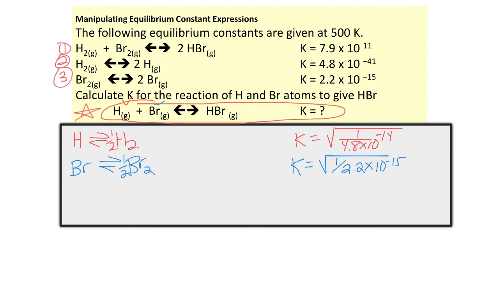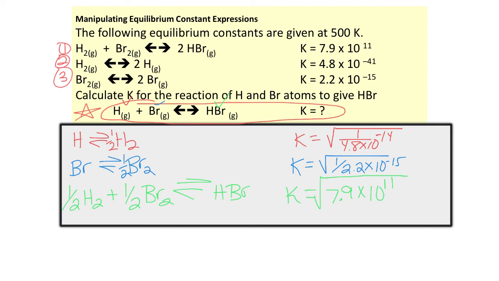In order to get HBr, I would leave the reaction the way it was written, so I'm not taking the reciprocal, but I would need to cut it in half. It would be 1/2 H2 plus 1/2 Br2 produces HBr. Since I halved the coefficients, I would do K to the 1/2 power, or the square root. And that would give me the reaction.